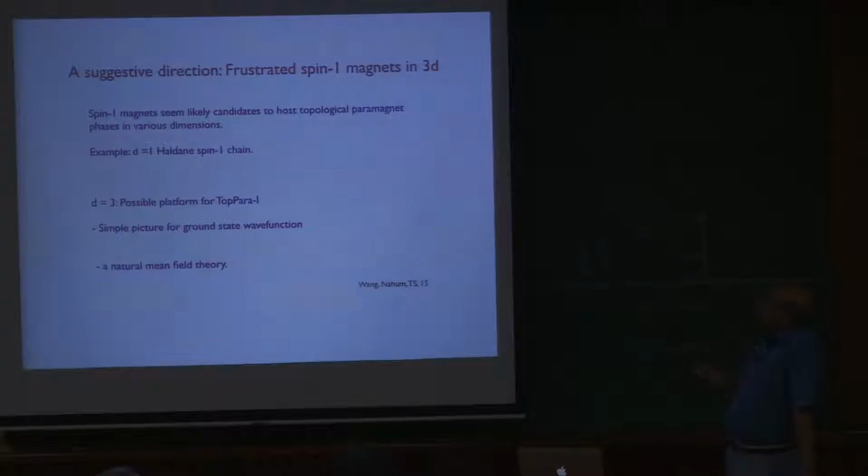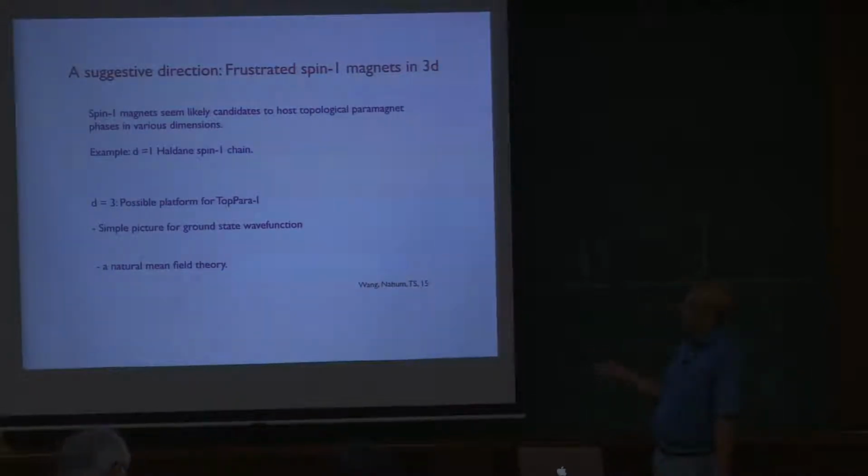Now, in general, there's a lot of work on frustrated magnetism, quantum magnetism in diverse dimensions, but a lot of the focus has been on studying spin-half magnets on grounds that they are most quantum, so they'll do the most interesting things. Now, spin-1 magnets are also strongly quantum and could be strongly frustrated. And the claim here is that perhaps they also do something equally interesting, and perhaps they are good playgrounds to look for SPT phases. Okay?